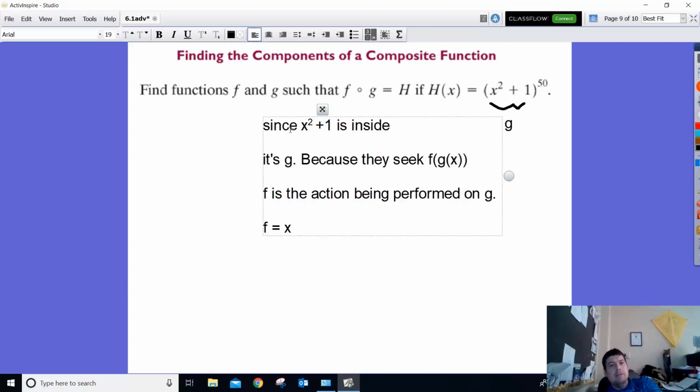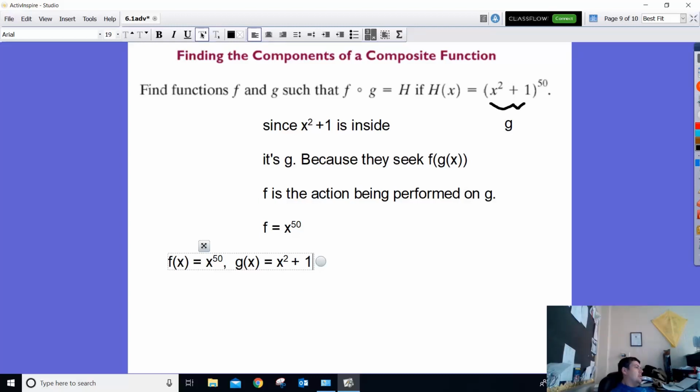So f is x to the 50th power. So I decide that f of x is x to the 50th. g of x is x to the second plus 1. Now would that work? Would that create f of g to match x squared plus 1 to the 50th power?